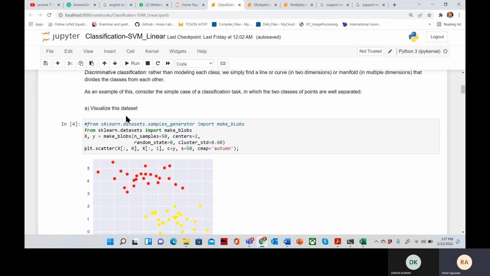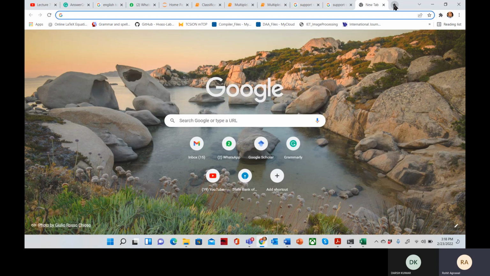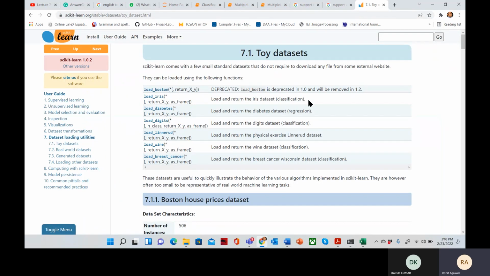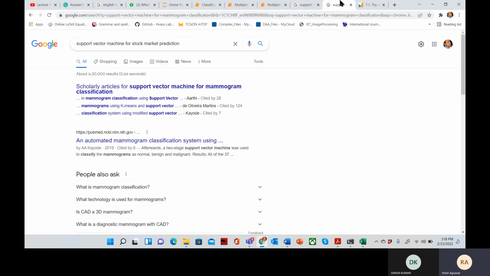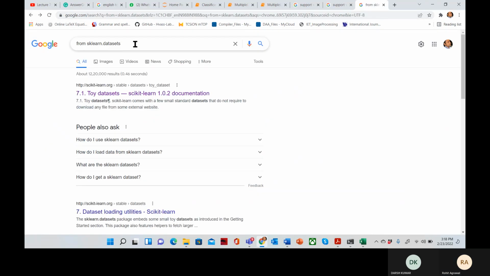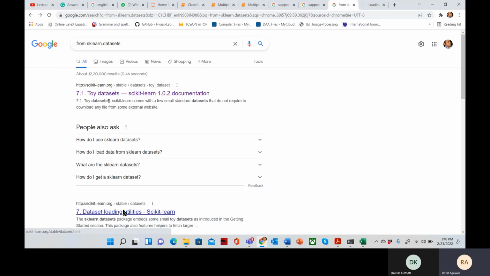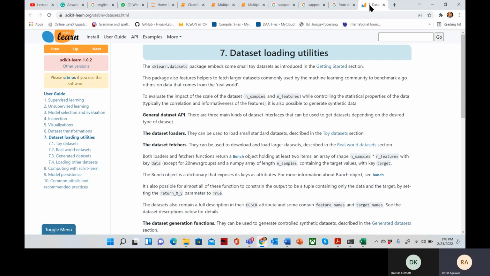First thing is we are just taking some data set from sklearn datasets. Do you want to see this? See the Python documentation. Toy datasets. Sklearn datasets has a lot of data sets actually, and one of them we are using.